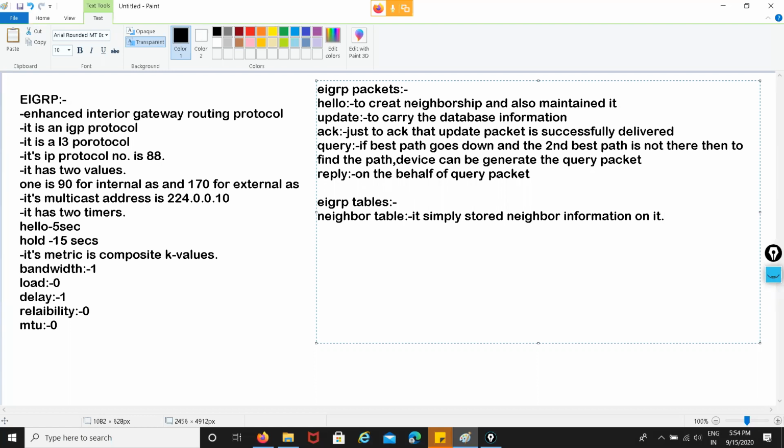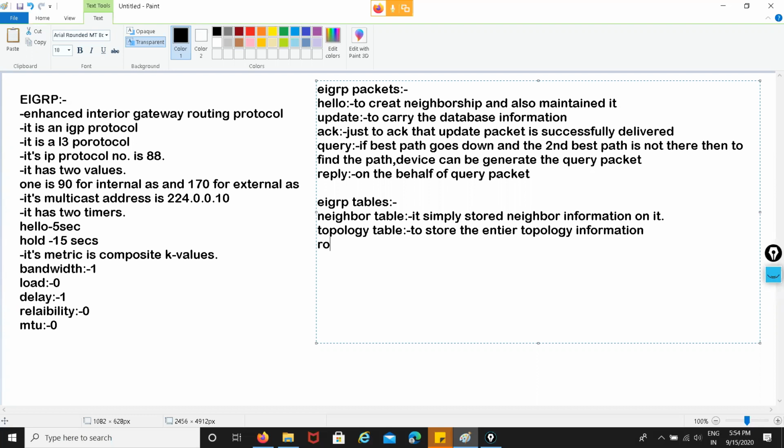Second thing is the topology table, by which it can store the entire topology information.